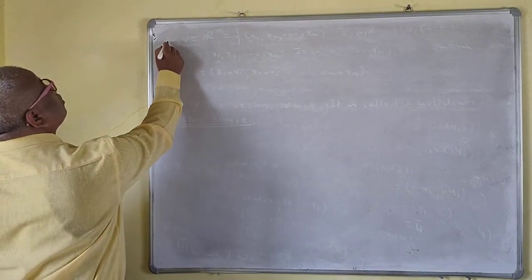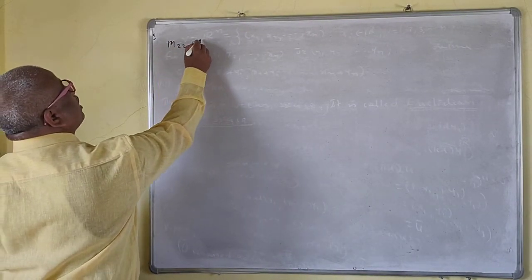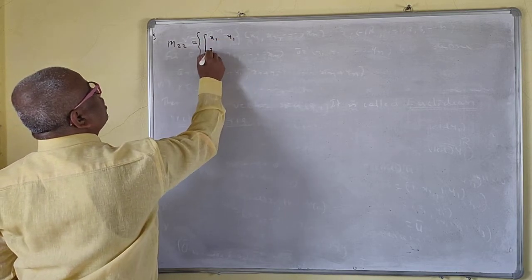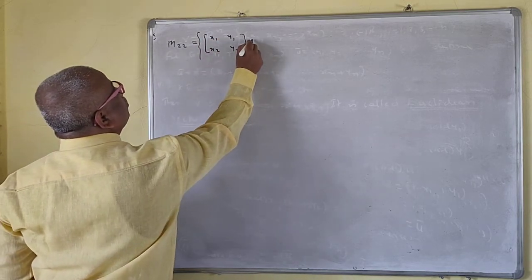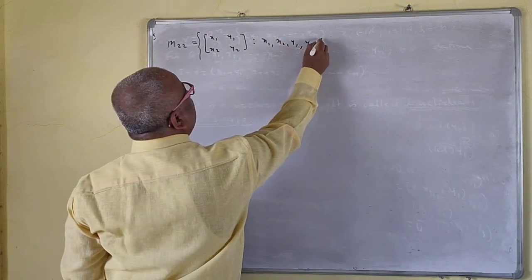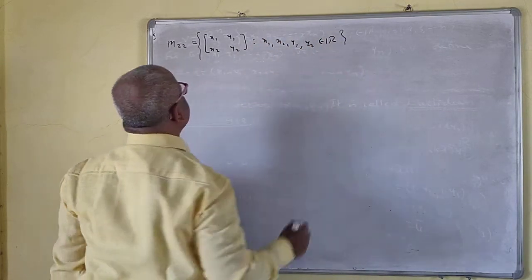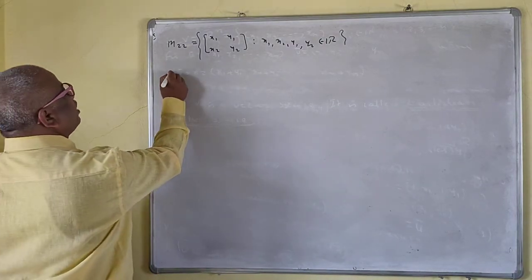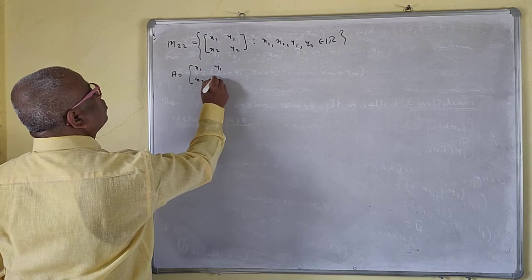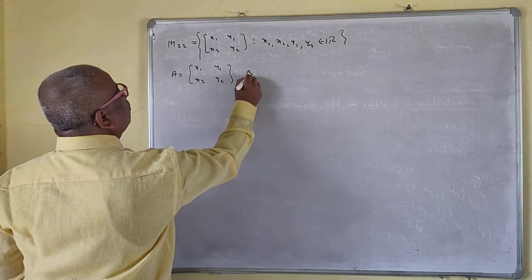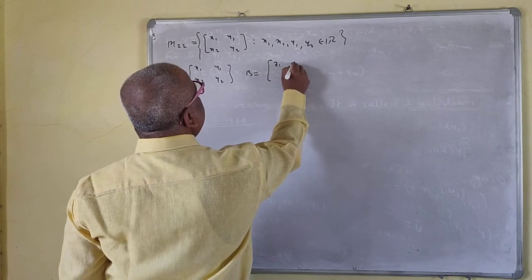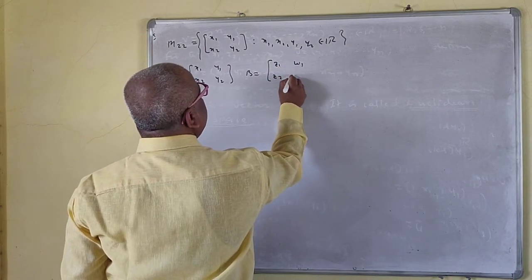Now suppose M2 by 2 matrices, with entries x1, y1, x2, y2, such that x1, x2, y1, y2 belong to R. Suppose A is the matrix (x1, y1; x2, y2). Suppose B is the matrix (z1, w1; z2, w2).